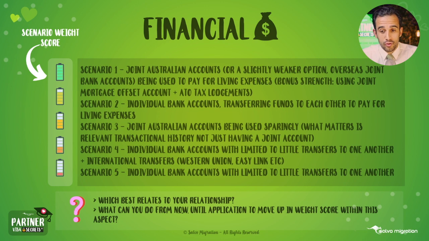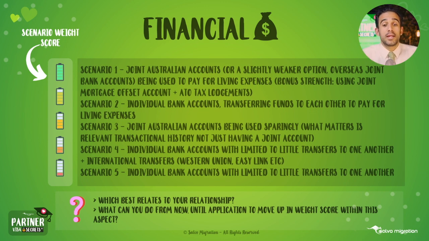Bonus strength: using a joint mortgage offset account and ATO tax lodgements. What this is basically saying is having joint bank accounts and using that joint account to pay for your living and relationship expenses as a couple. There are some bonus strength items there, if you have a mortgage offset account and lodge tax returns as a couple, which we'll talk about in module 3.